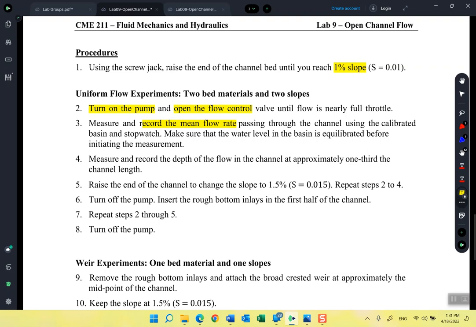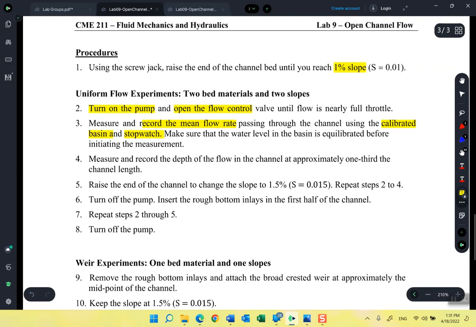It's something that is only valid in physics. It might not be 100% true. So to compare the theoretical to the actual flow rate, you will have to get the exact flow rate. In this case, you are going to use a different tool that is called the calibrated basin along with a stopwatch.